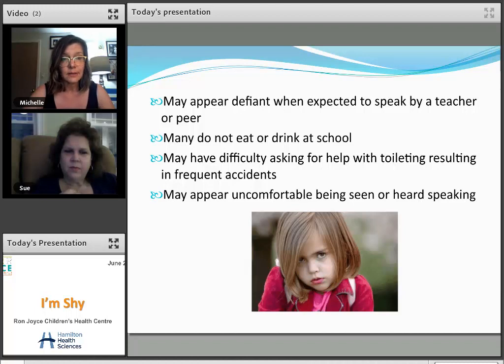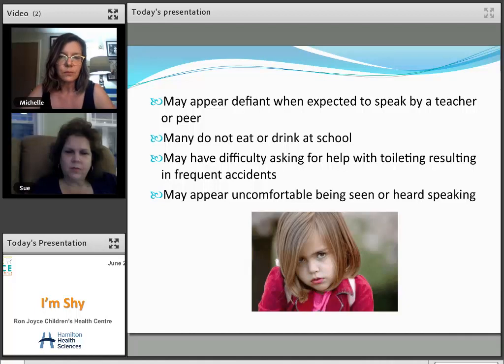Speaking up is difficult, and some of them will actually have accidents, which to us doesn't make sense because you would think, what's the bigger worry here, asking to go to the bathroom? But they just hold it until they can't hold it anymore, and then they have an accident, which we would think would draw more attention. But the anxiety is so strong that it holds them back from things that we think are just logical, like asking to go to the bathroom.